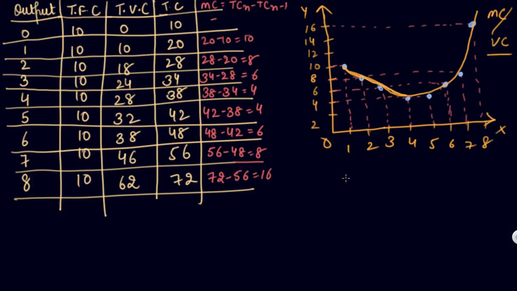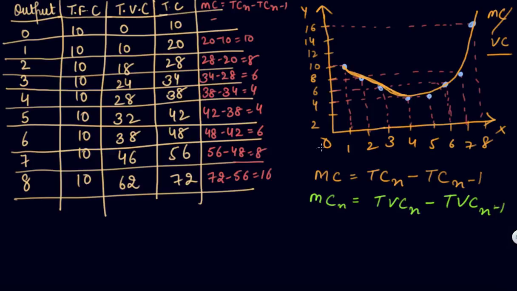Now we need to derive the formula of your marginal cost. See, we've done your marginal cost is equal to your total cost of n minus total cost of n minus 1, right? Now let's understand that your marginal cost for nth term can be total variable cost of n minus total variable cost of n minus 1.